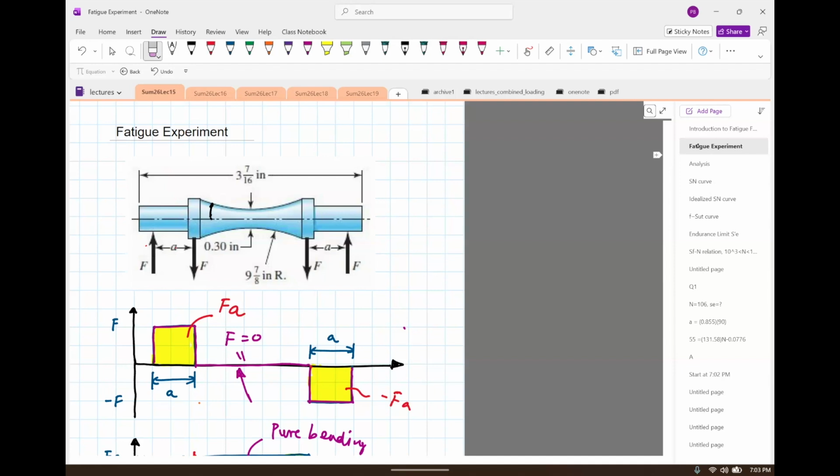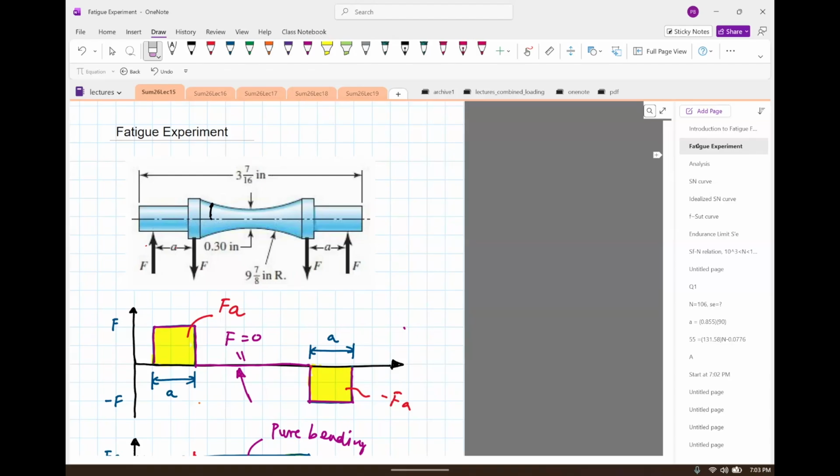Now, when you say in the lab, it means it's machined to precision and is under room temperature and so on. It turns out that those conditions affect the endurance strength: temperature, finish, and so on. Because in the field you don't expect conditions to be ideal, the endurance strength will actually go down.